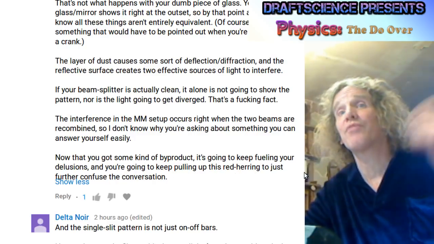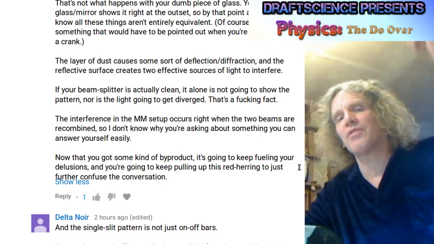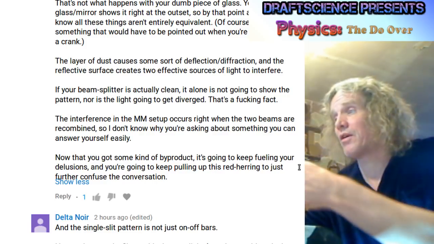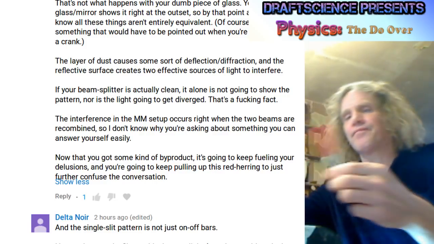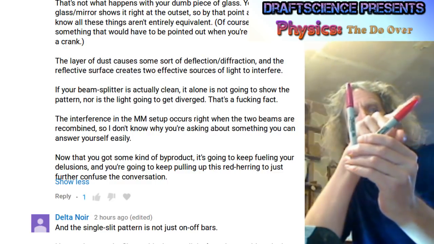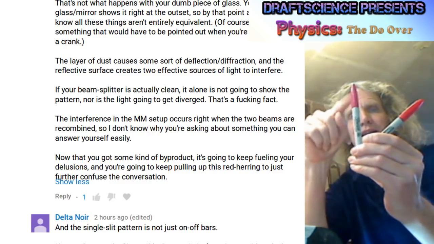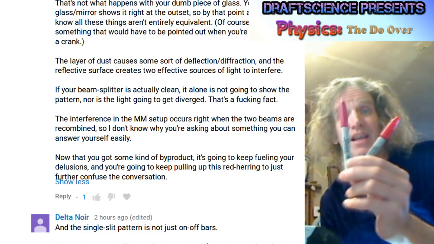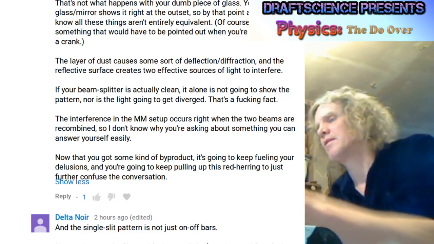So again, he's calling it a red herring. So he shows a completely broken fake simulation that doesn't account for the fact that this height is not the same as this height. See? Shorter. Okay? His fake animation can't figure that simple truth out.